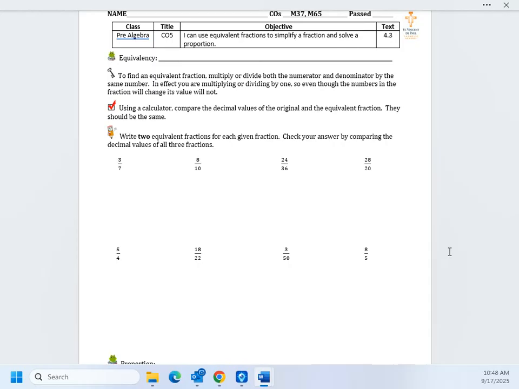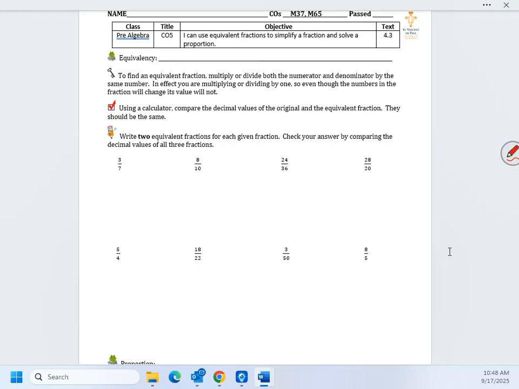I'm not going to make you take a big test on the Monday. So I try really hard to avoid that. But that's what we have coming up. So we have CO5 today, CO6 tomorrow. That's why I want our retakes done by Friday so we can have all our focus on our Unit 1 test next week. All right, equivalent fractions, simplifying proportions.